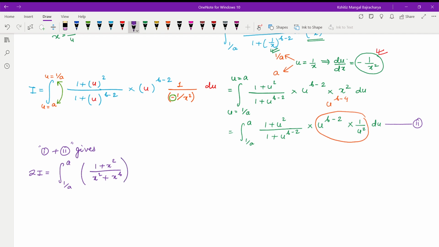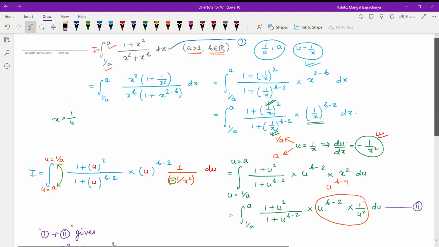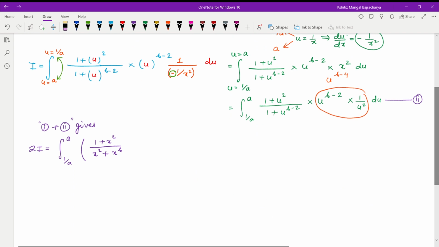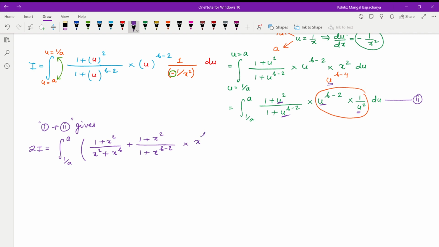This is nothing but the given integral, indicated as 1, and from 2, since u is a dummy symbol, I can write it as 1 plus x squared over 1 plus x raised to the power b minus 2 times x raised to the power b minus 4 dx.